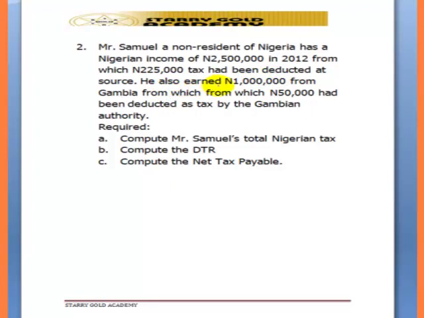He also earned 1 million naira from Gambia, from which 50,000 naira had been deducted as tax by the Gambian authority. Required: 1. Compute Mr. Samuel's total Nigerian tax. 2. Compute the double taxation relief. 3. Compute the net tax payable.